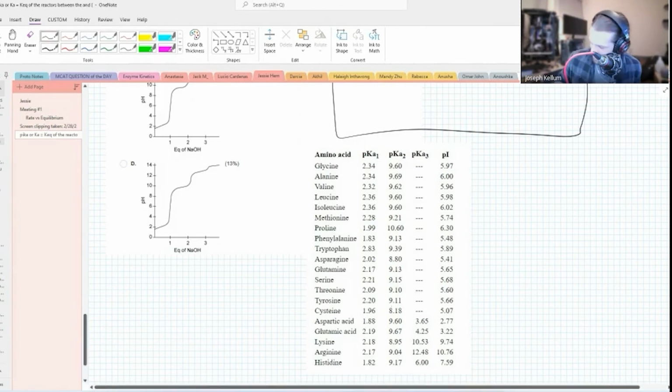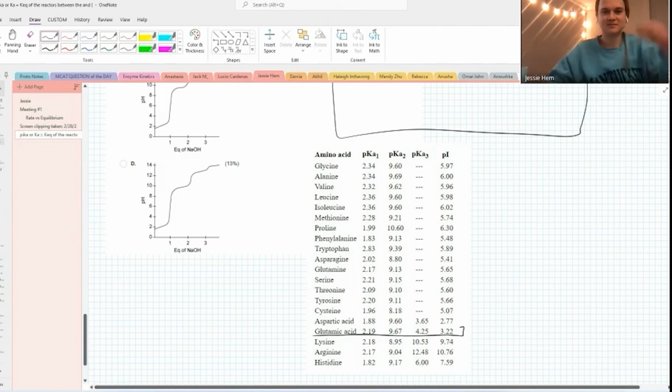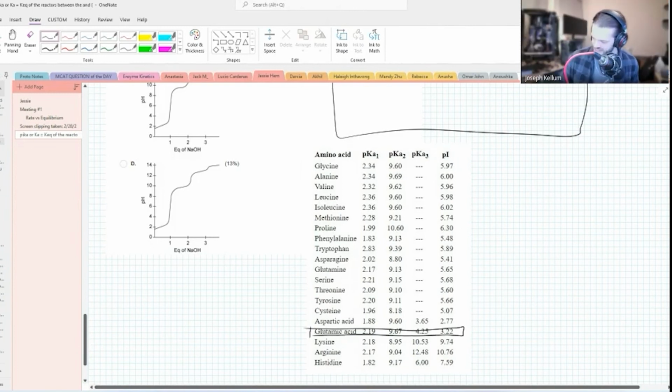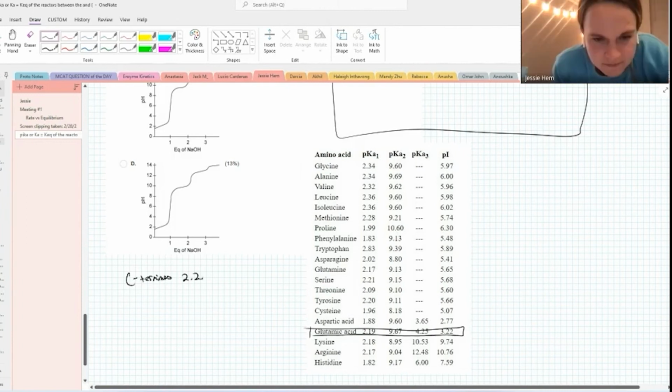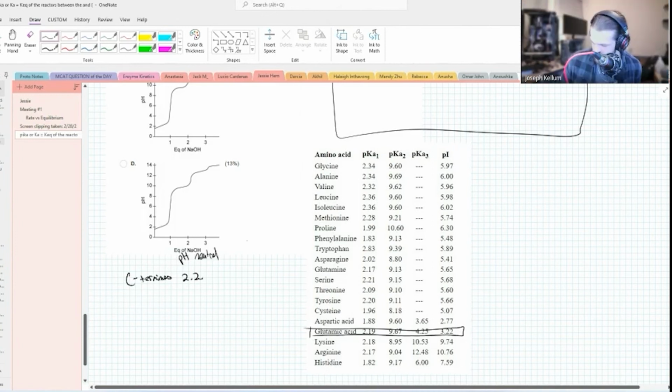So let's just look at it for glutamic acid right here. Yeah, because that was a terrible way of saying it. So you've got your pKa1, meaning your C terminus, right? So your C terminus is going to be neutral at pH 2.2, because that's its pKa.